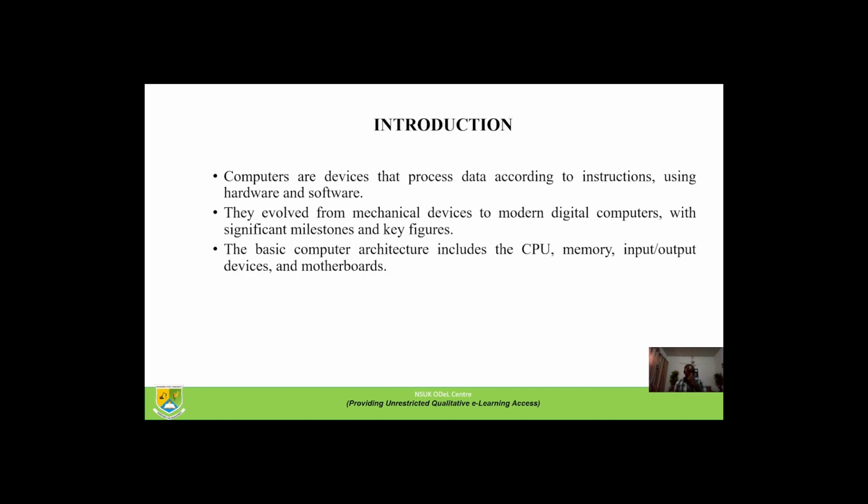As a way of introduction, as we are all aware, computers are devices that process data according to instructions using hardware and software. They evolved from mechanical devices to modern digital computers, just like the way we have them today, with significant milestones and key figures. The basic computer architecture consists of the central processing unit CPU, memory, input and output devices, and motherboards, some of which we are going to be looking at in more detail shortly.